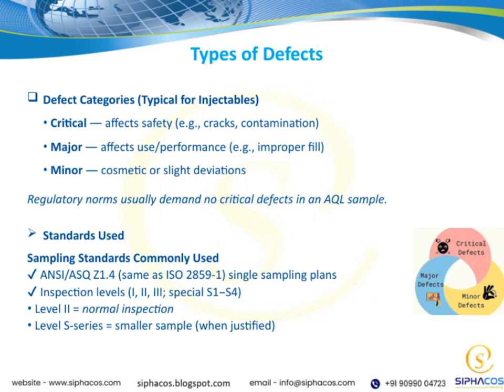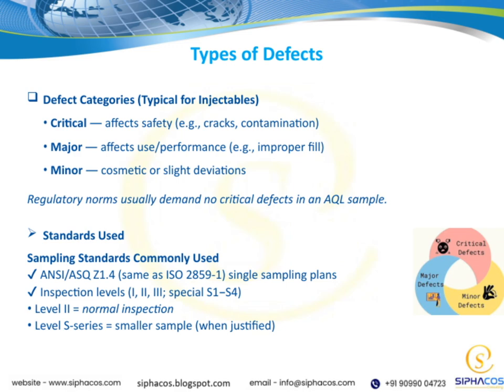Now, moving on to the standards we use for sampling. One of the most common standards is ANSI ASQ Z14, which is equivalent to ISO 28591. It provides a structured way to determine how many items to inspect and how to evaluate them. We also use different inspection levels, like Level I, II, and III, where Level II is considered normal inspection, what we usually perform.